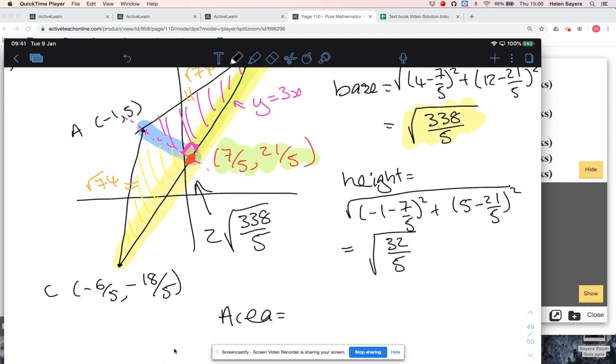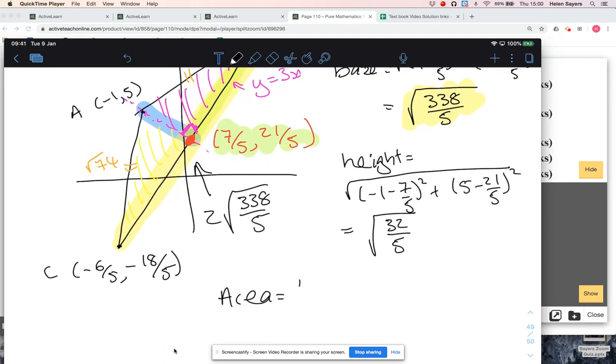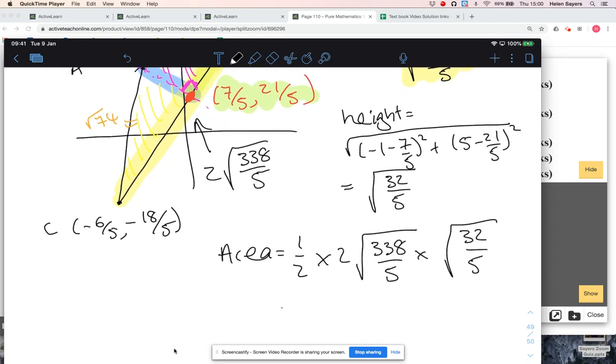Okay. Really, I probably should have been checking these answers as we go. So half times base, and really careful, that square root is over the whole fraction. So half times the base times the height. And okay, so 32 over 5 times 338 over 5, and obviously the half times the 2 is going to cancel.